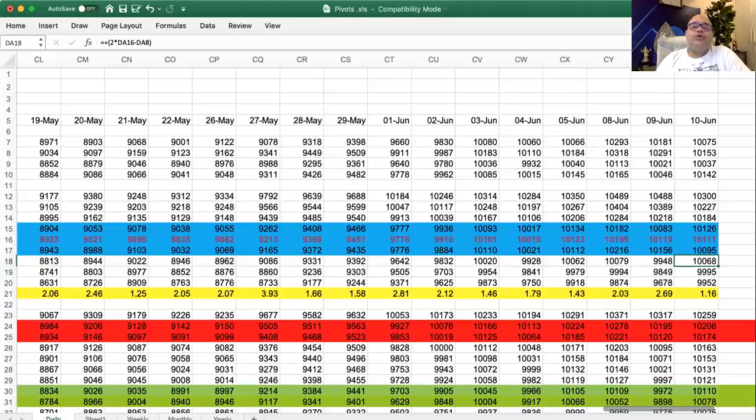Now let me show you the congestion zones that I speak about. Okay. Now I have very basic charts here, which are basically the charts which are available on Zerodha.